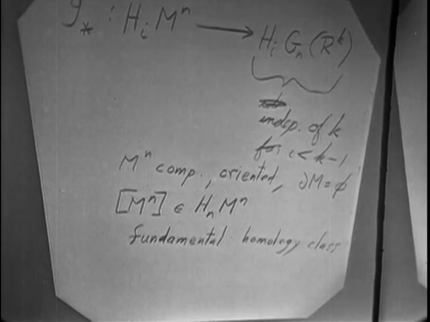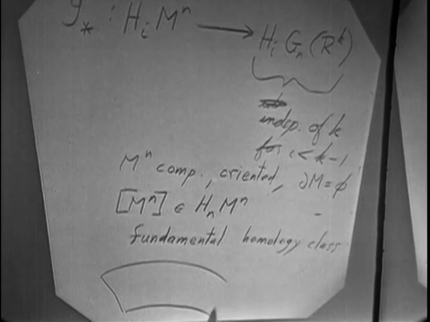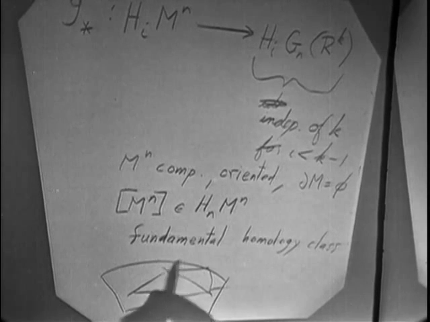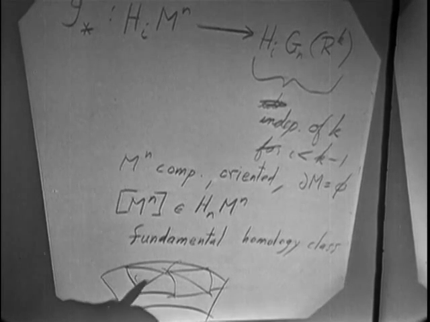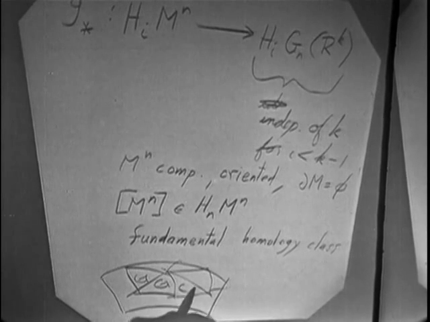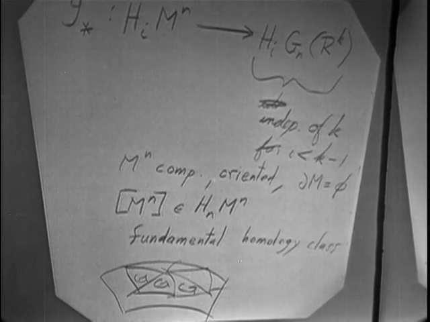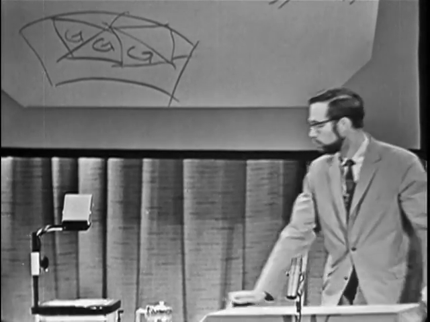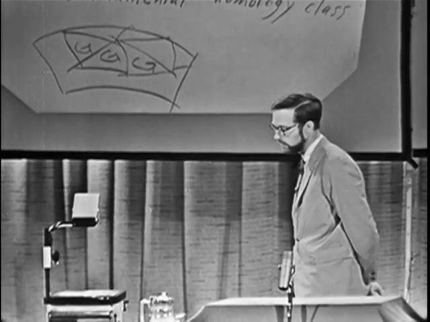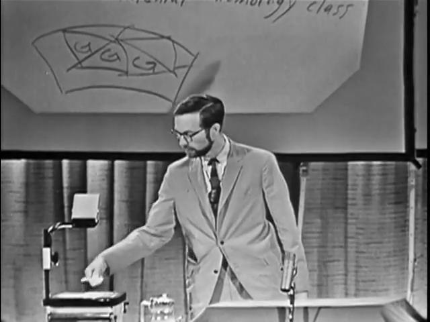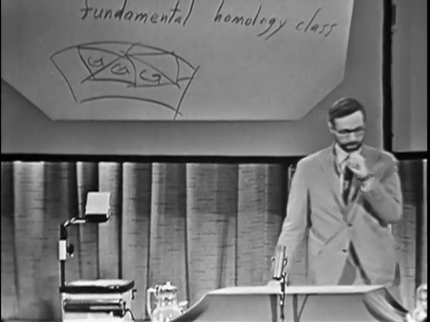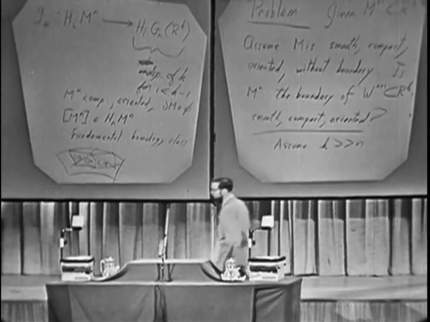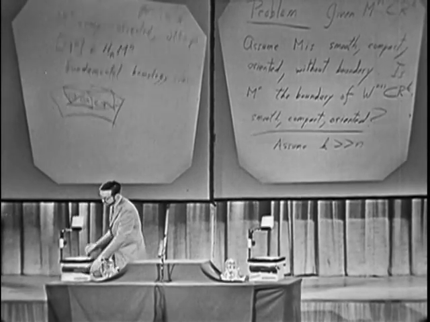For those of you who are somewhat familiar with homology theory, if we cut the manifold up into little triangles, simplexes of dimension n, give each of them the orientation determined by the orientation of M, then if we add up all of these n-dimensional simplexes oriented in this way, we'll get an n-dimensional cycle, and this cycle determines the fundamental homology class of M. And now we can consider the image of this fundamental cycle under the Gauss map.